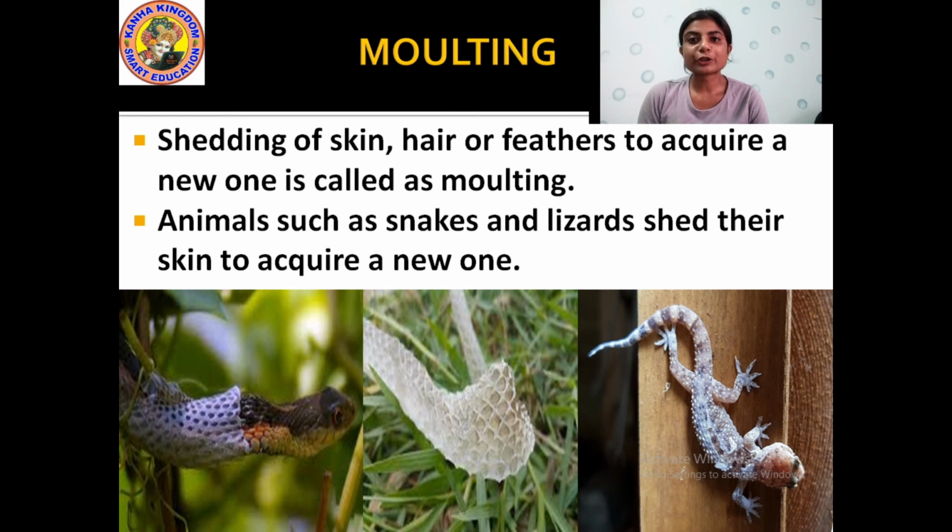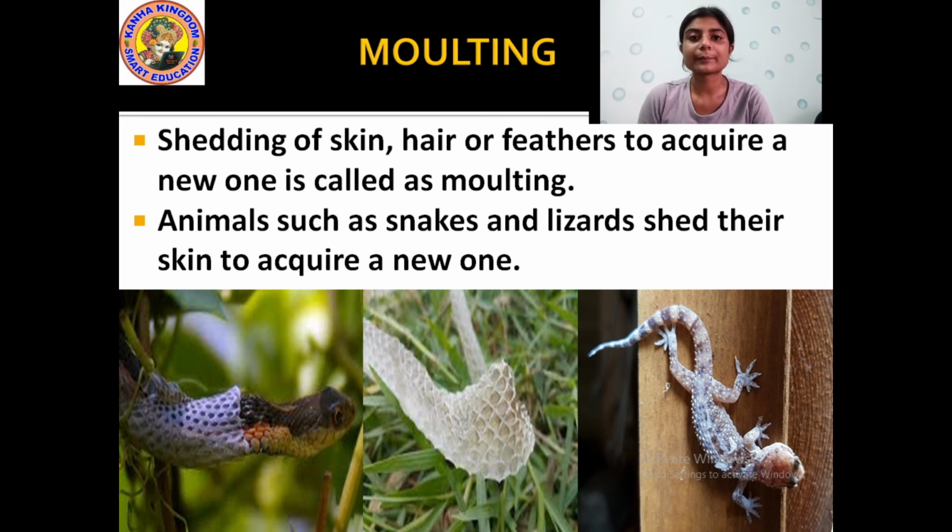Now students, what do you mean by molting? I already told you or not? Like the reptiles such as snakes, lizards, they shed off their skin periodically and that skin is replaced by a new one. Yes or no? So that process is called molting. That means shedding of skin, hair or feather to acquire a new one is called molting.